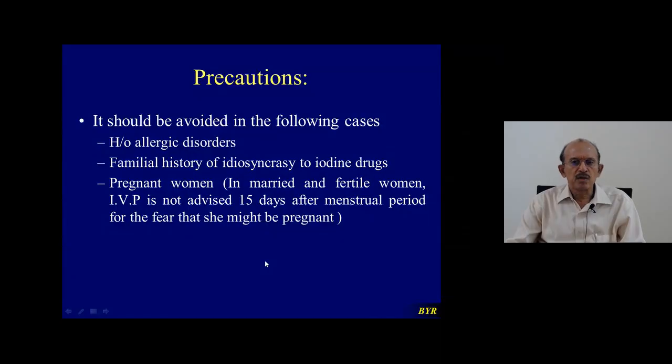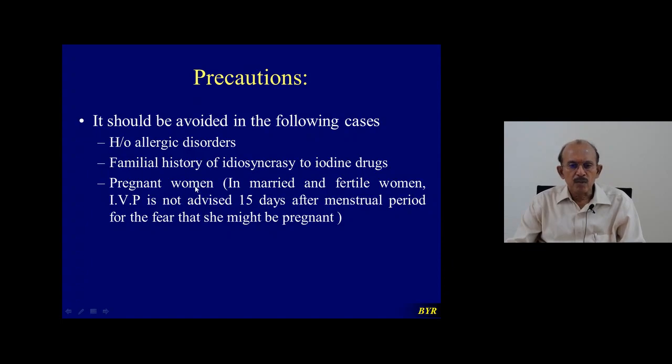Pregnant women should not be given intravenous pyelography because you are subjecting the abdomen to multiple X-rays. When you subject a pregnant woman's uterus to radiography 5 or 6 times, the fetus is going to be exposed to radiation injury and radiation sequelae. So pregnant women should be avoided.